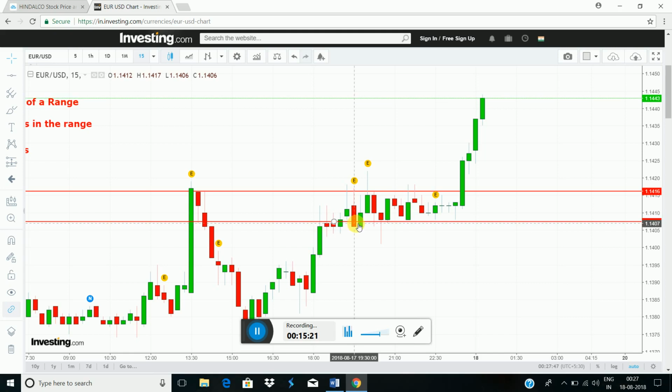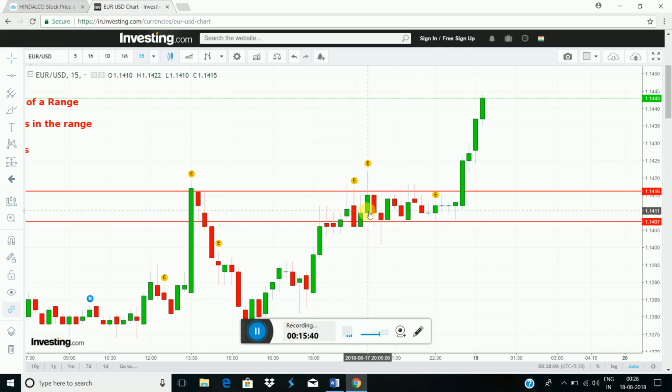But see what happens again. The buyers come back. They again broke this support level and closed above. So in these two candles, what we can see is that the market is testing this level of 1.1407, which is a support.